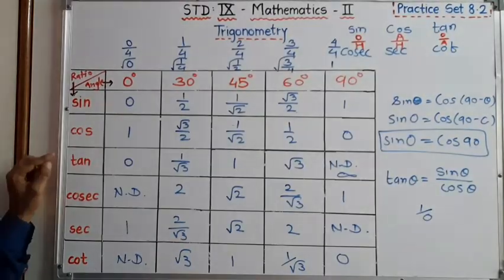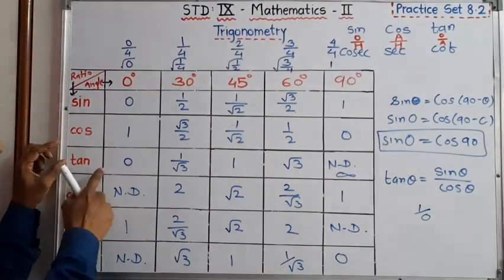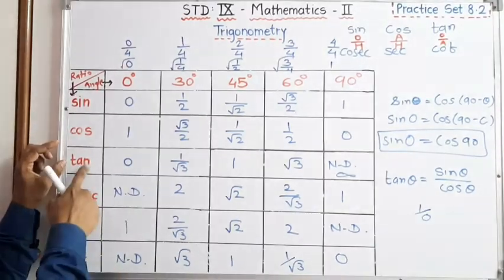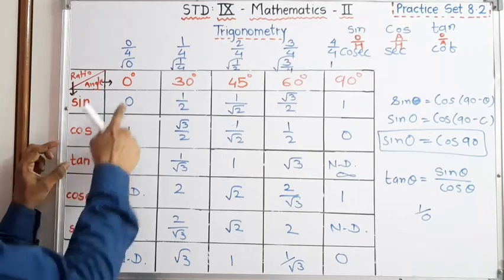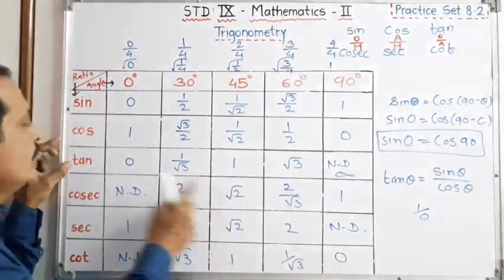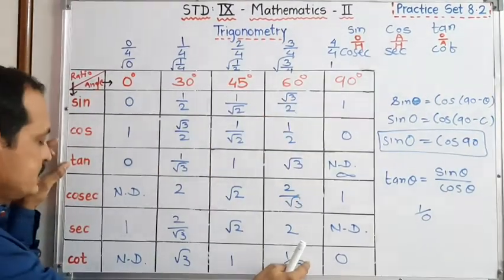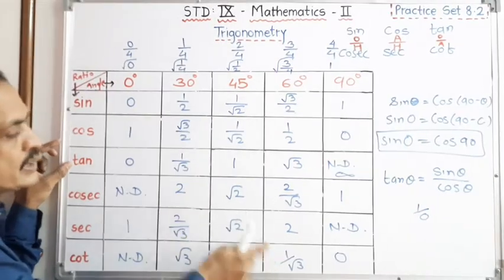Now see, just now we completed the relation between tan and cot. Dear student, tan 0 is equal to cot 90. Got it? Tan 30 is equal to cot 60. Values are same. Got it?